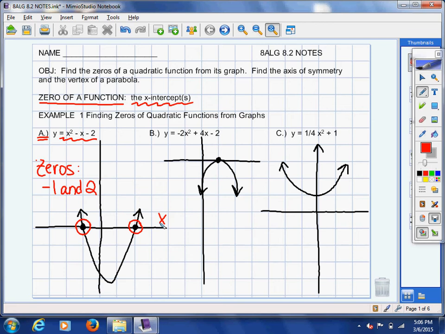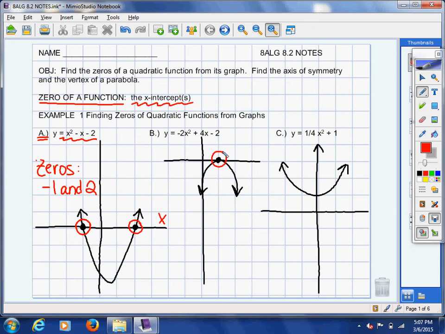Let's look at letter B. Letter B is graphed for you. Here's the function, -2x squared plus 4x minus 2. And it's graphed, and it actually crosses the x-axis at 1 point. That is possible. Remember what I said at the beginning of the video. You could have no zeros at all, because your parabola doesn't cross the x-axis.